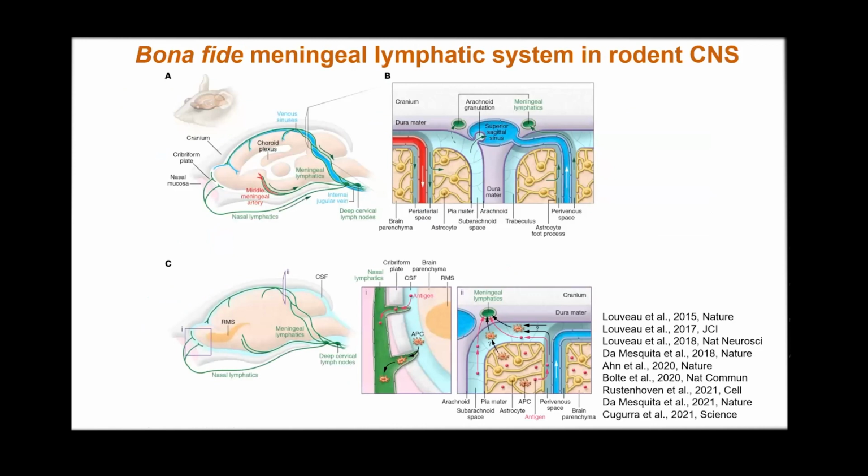In 2015, the lymphatic system in the meninges was discovered in the rodent CNS. And since then, there have been several studies which have looked into the neuroimmunological modulation of the lymphatic system and immune cell crosstalk in several neurological conditions.